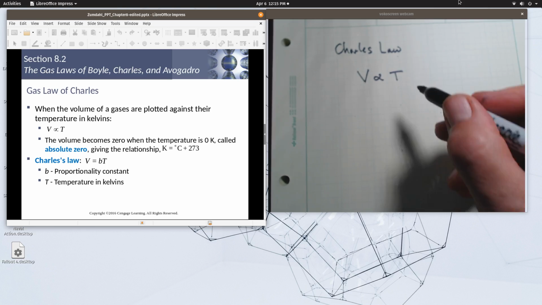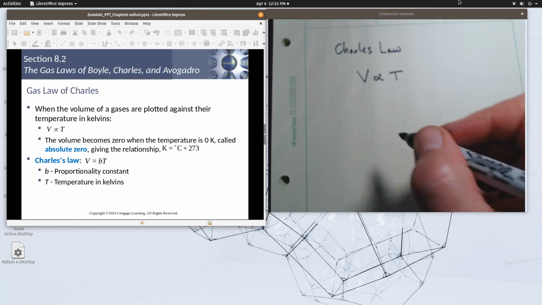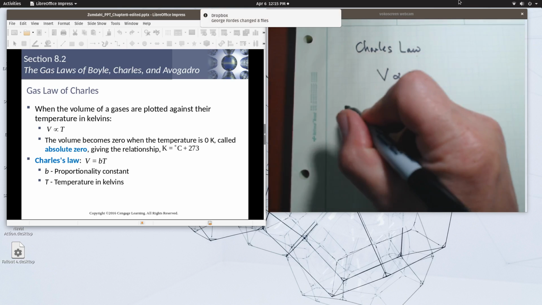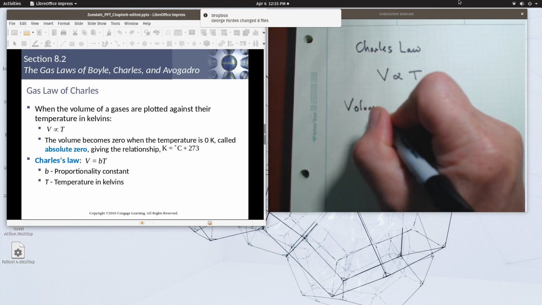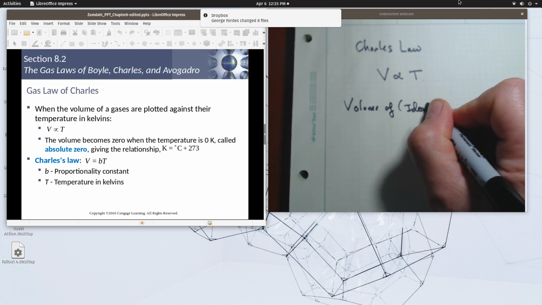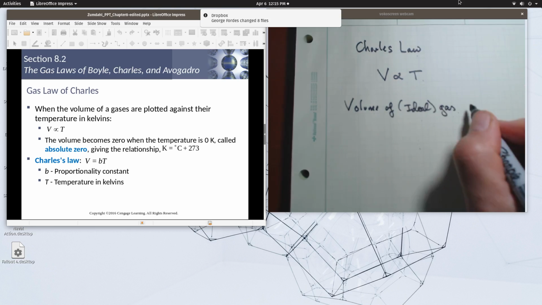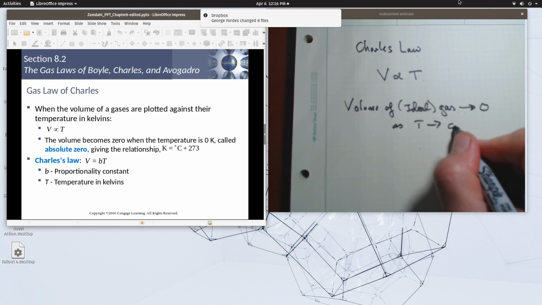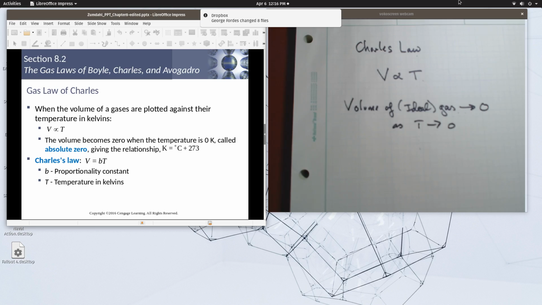Specifically, this is one of the predictions for an ideal gas: the volume of the gas goes to 0 as T goes to 0. That's Charles's law. Because in an ideal gas atoms occupy no space, the volume of the gas goes to 0 as T goes to 0.